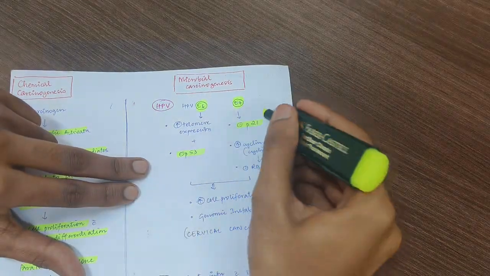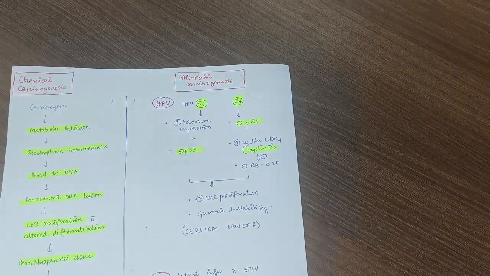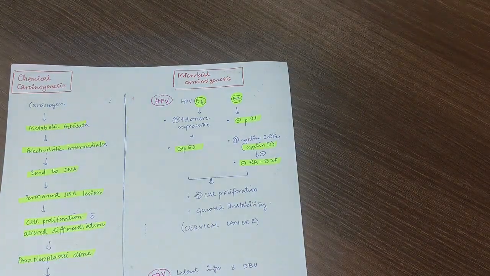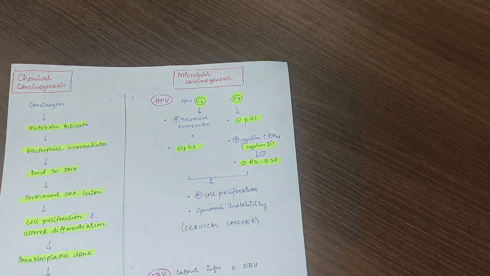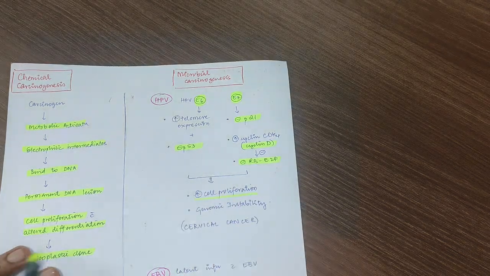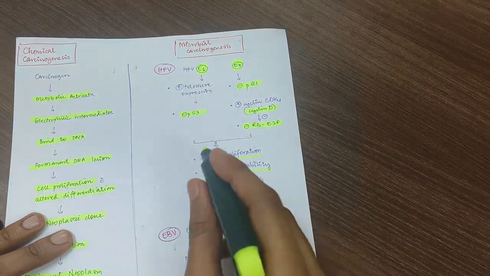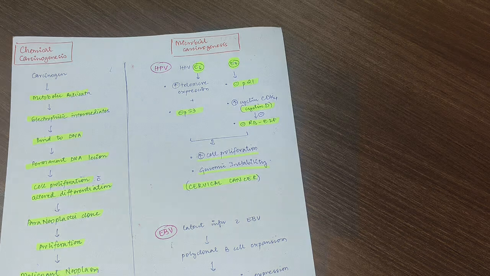Whereas E7 will inhibit P21 and increase cyclin D, and inhibit the retinoblastoma gene. Because of all these factors, there is increased cell proliferation and genomic instability. HPV will lead to cervical cancer in the end.